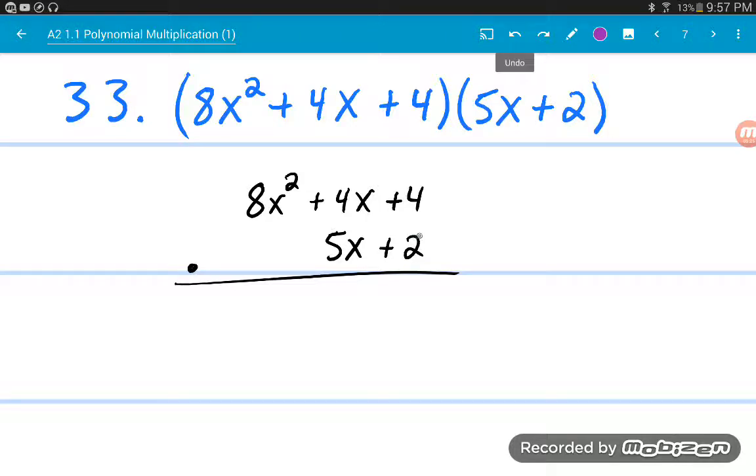So let's do it. 2 times 4 is 8. 2 times 4x is 8x. This 8 over here is positive, so I should put a plus in between them. This 8x is positive as well. Now 2 times 8x squared is going to be a positive 16x squared.